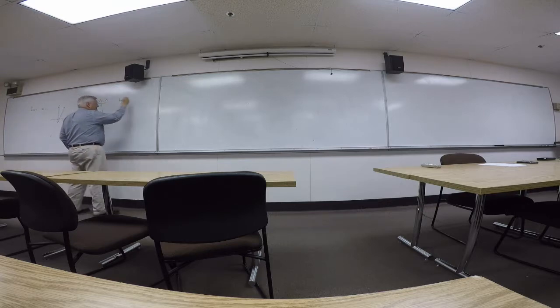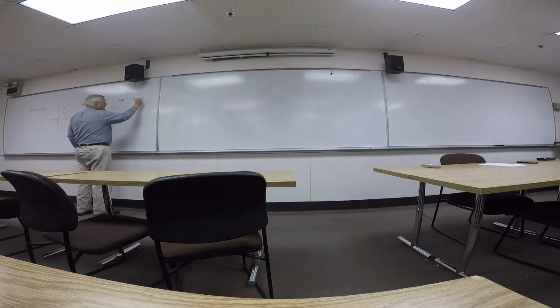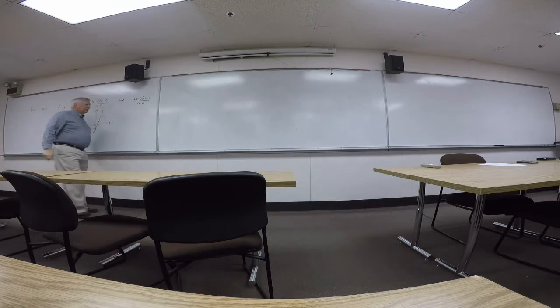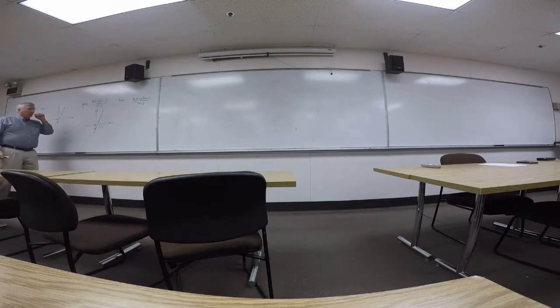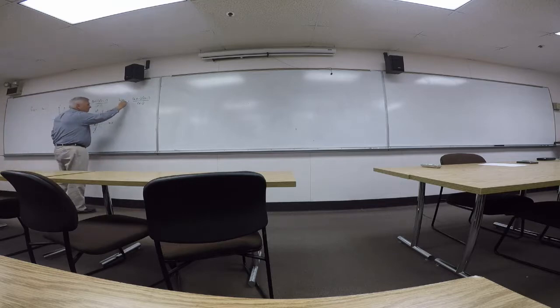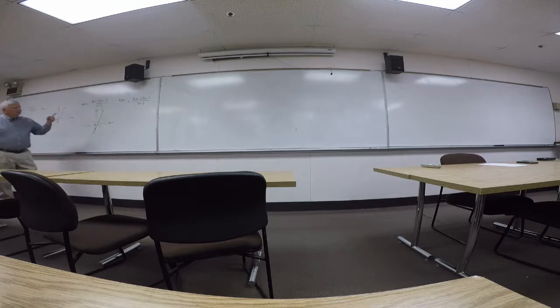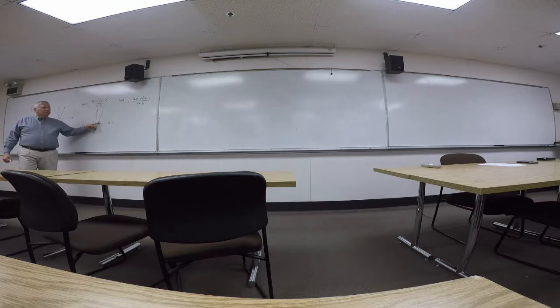Okay, one more, h of x. I'm going to do 2x minus 1 times x plus 1 divided by x minus 1. Now, in h, x minus 1 does not divide out. So here we have a missing point.